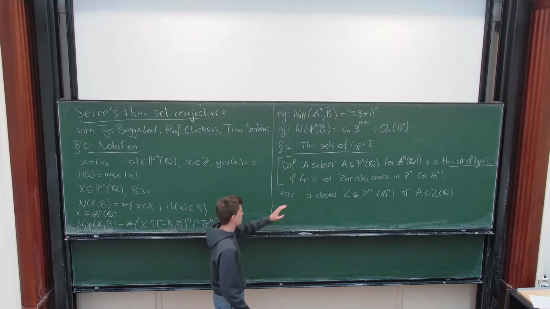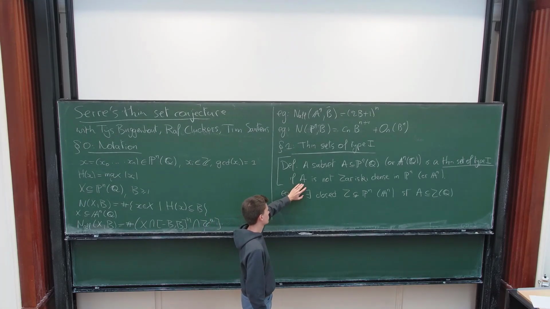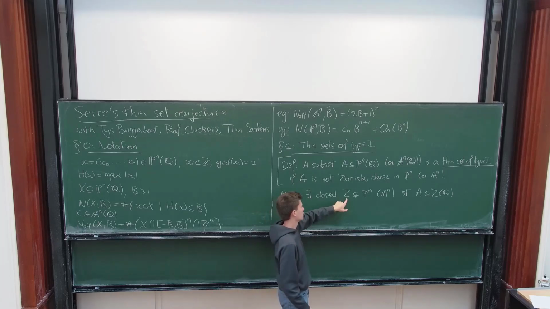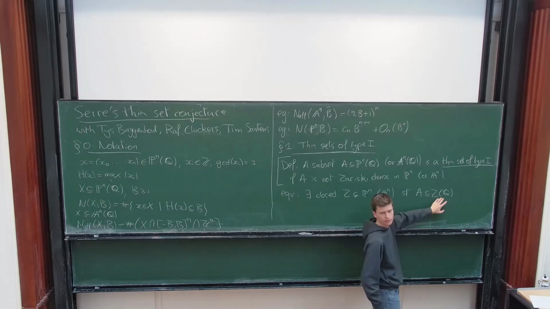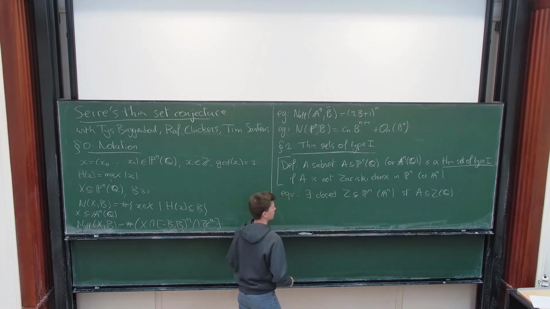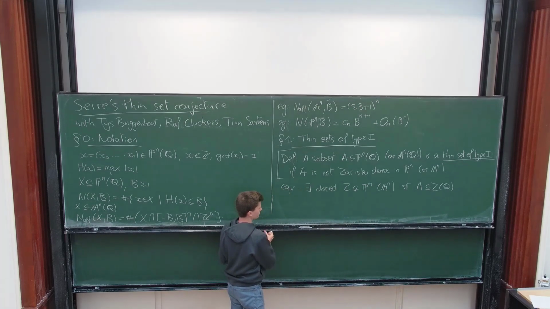So we want to count rational or integral points on this set A, but we might as well look at all rational or integral points on subvarieties of P^n or of A^n.